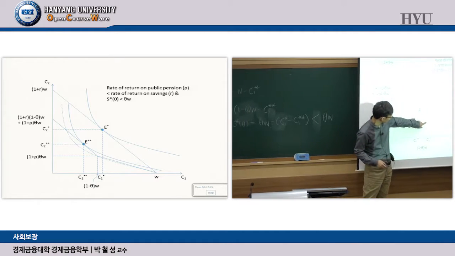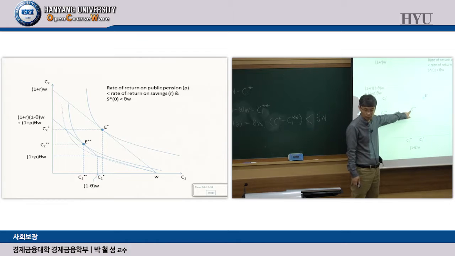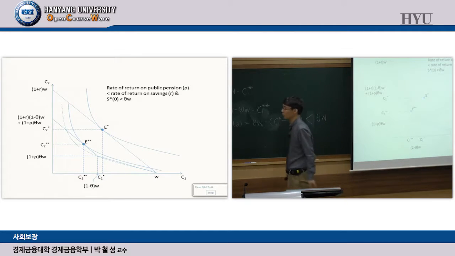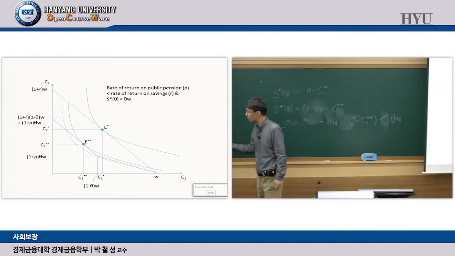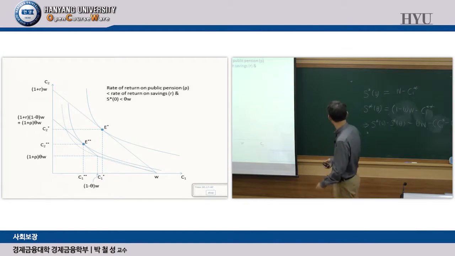It's not going to choose this point, which is the zero private savings. Which means this individual will actually save privately, even though it's a spender. That is the case we're going to talk about.